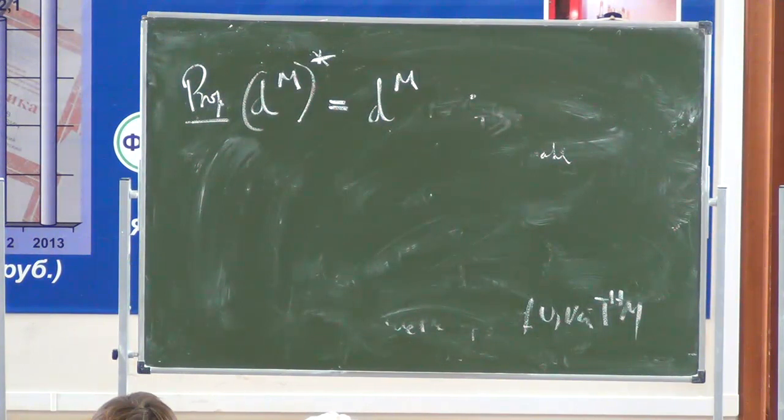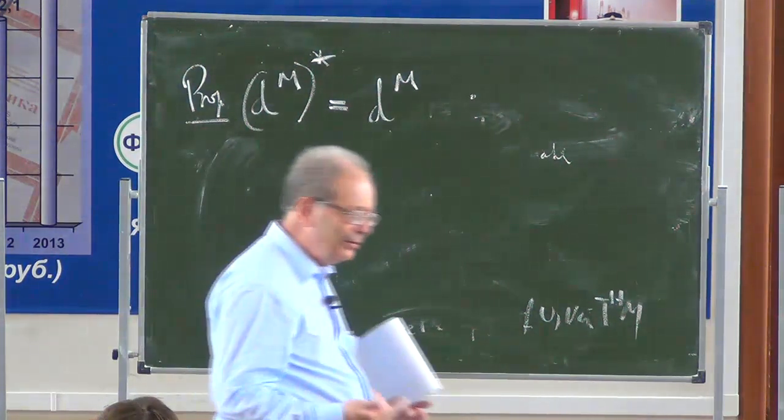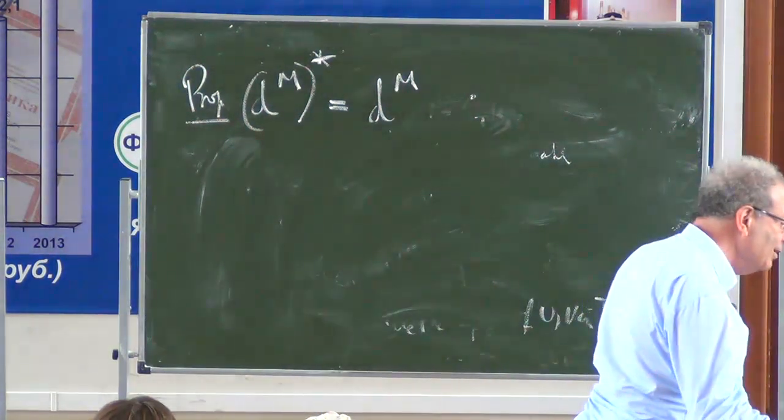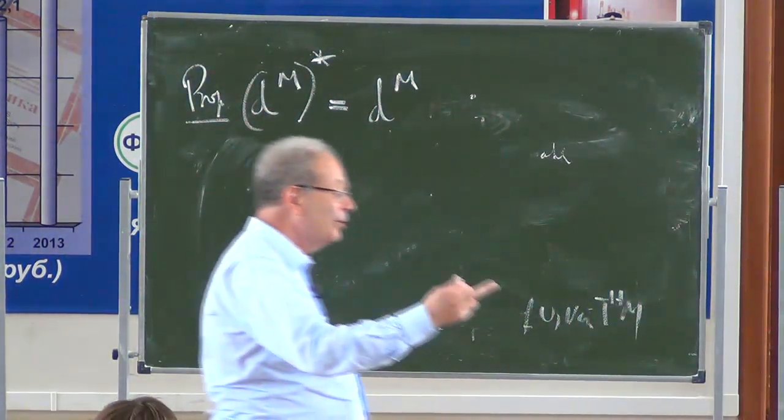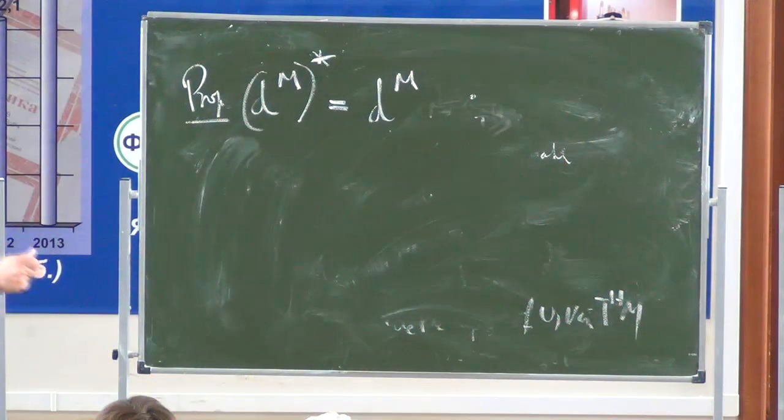So this is radically different from what happens in usual Hodge theory. When you construct Hodge theory, you construct an L2 Hermitian product, positive on smooth forms, and then you get an adjoint. D increases the degree, and the adjoint decreases the degree. Here, D is self-adjoint, so dM star is equal to dM.